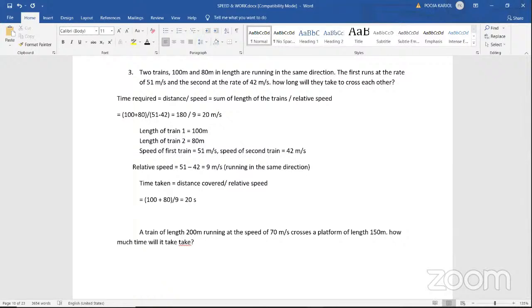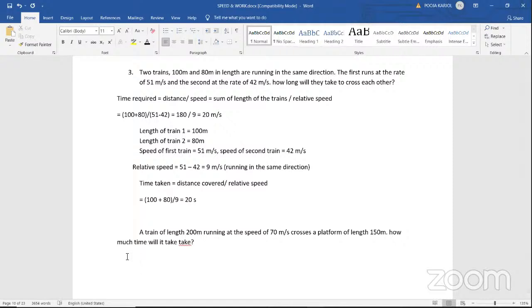So these are all variations of the same formula: distance by speed, sum of lengths by relative speed. When a person is walking, he has speed, but he has no length, so only one train length is considered. Here, the platform has length but not speed. So the platform is considered in the distance, but speed will be only of the train.